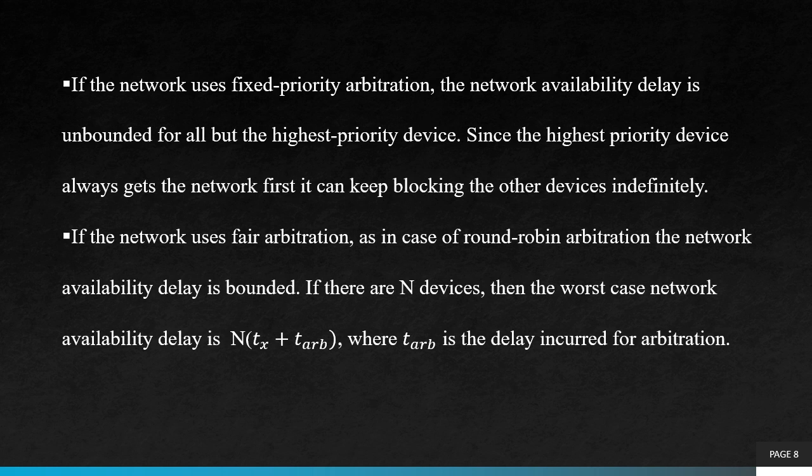If the network uses fair arbitration, as in round robin arbitration schemes, the network availability delay is bounded. Here the worst case network availability delay will be n x Tx + Tarbitration. Here, all the devices are guaranteed to get a chance at some instant of time. Tarbitration is the arbitration delay, which is small when compared to transmission time.